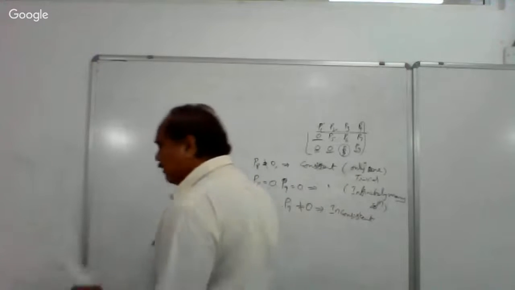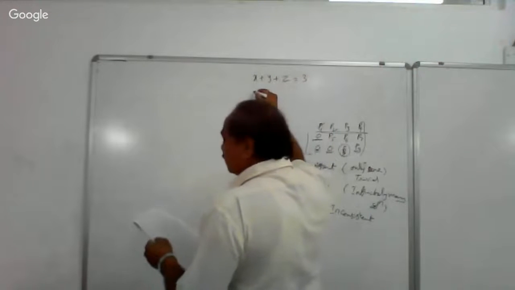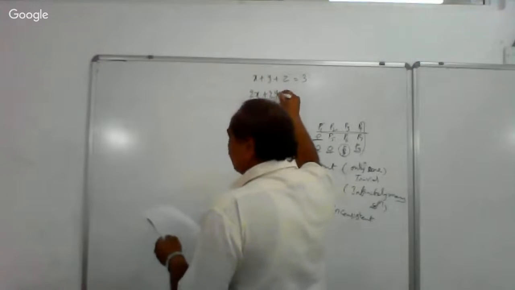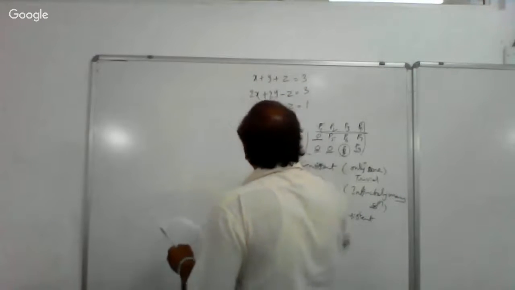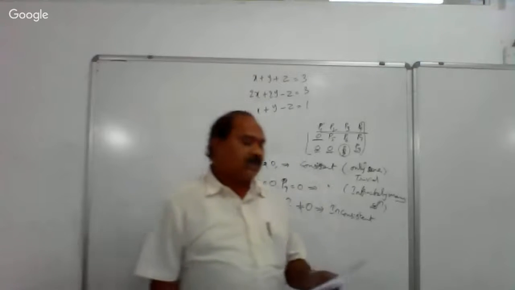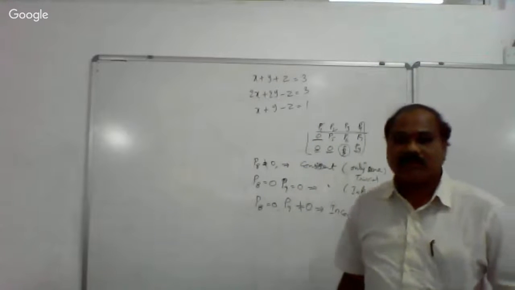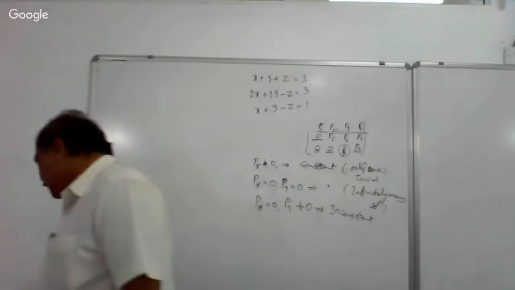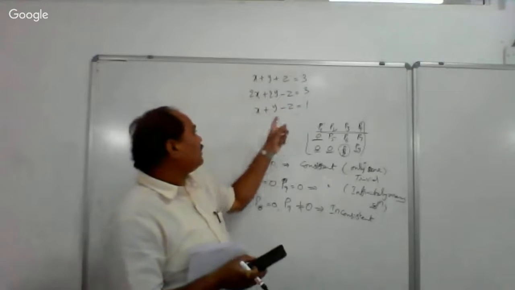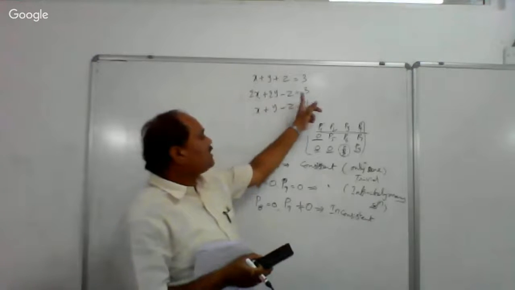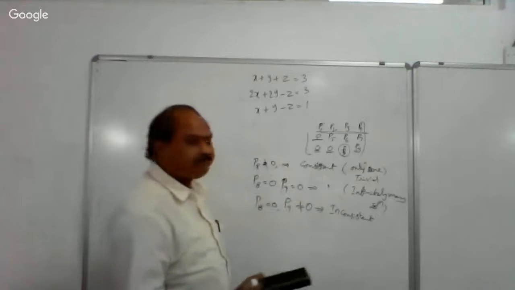Now here, the given system of equations are x plus y plus z equal to 3, 2x plus 2y minus z equal to 3, x plus y minus z equal to 1.